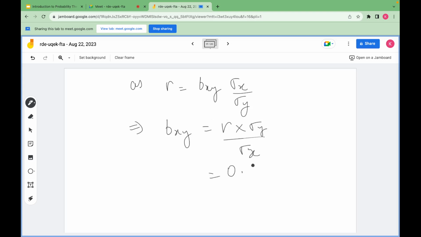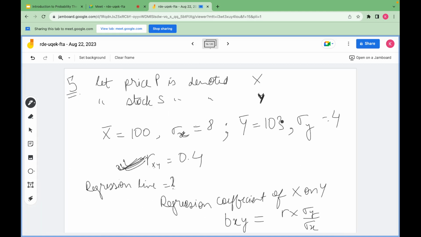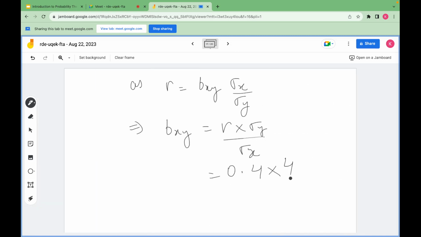R is given 0.4, sigma y is 4 and sigma x is 8. This value comes out to be 0.2. Now we can easily write this equation, which is x minus x bar, and we know the value of x bar and y bar as it is given in the question.